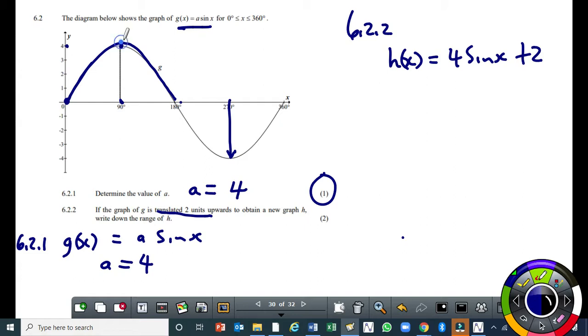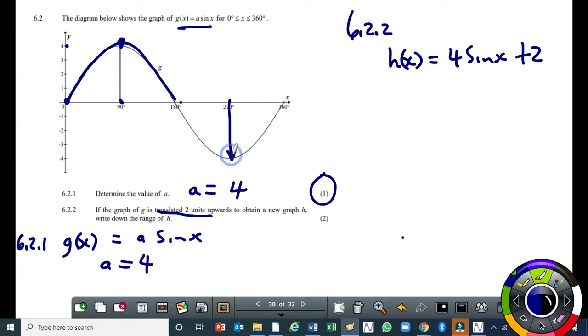So this point here, it moves to which value of y? Can someone tell us where the maximum point ends up being after the translation, or the vertical shift by 2 units? To become y equal to what? 6. Y equals 6, thank you.